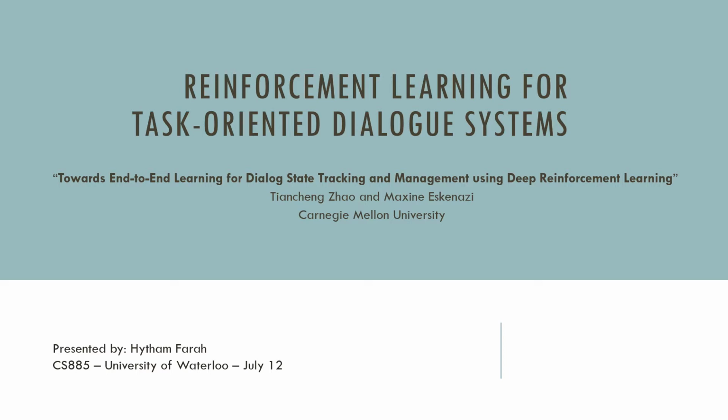So we'll see traditionally we have to split up the stages of a task-oriented dialogue system, the different modules. Whereas with a reinforcement learning framework, we can collapse all those modules into one unit. So we'll be looking at this in what follows.